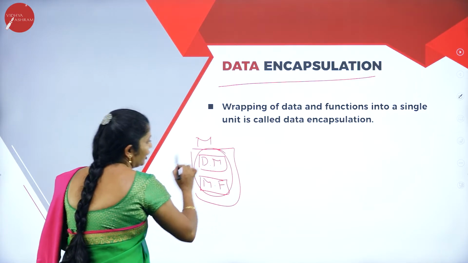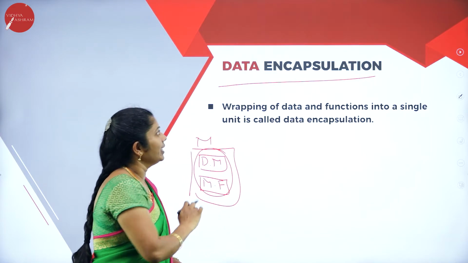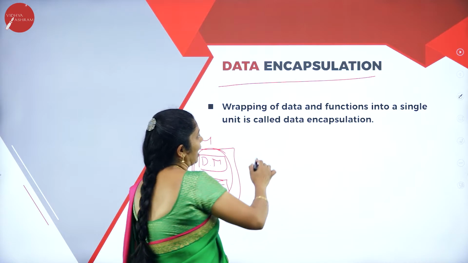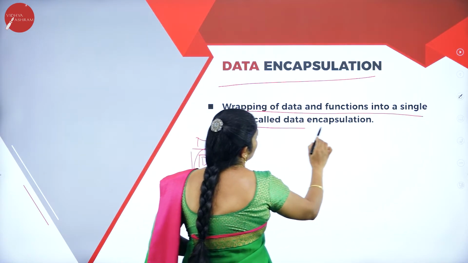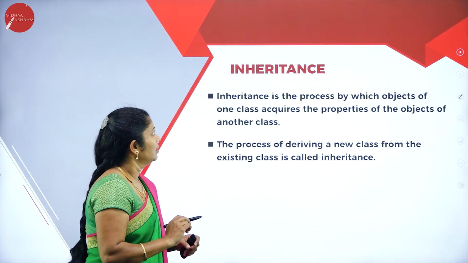The combining of data as well as function into a single unit is nothing but data encapsulation. Wrapping of data and function into a single unit is called data encapsulation.